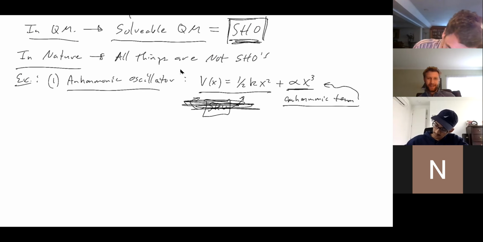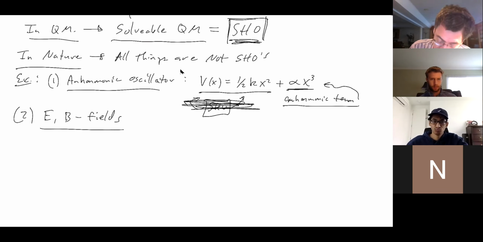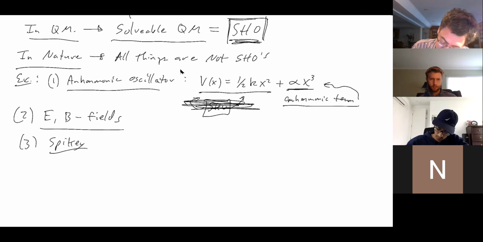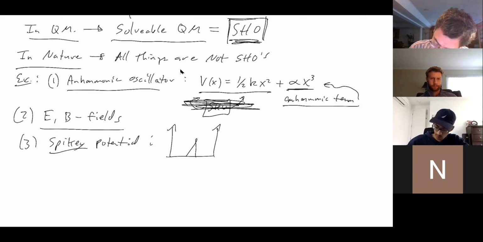And there are other things, for example, electric and magnetic fields that are strangely configured and are not harmonic oscillators. You could have weird spikes. You could have spiky potentials. An example of a spiky potential would be, suppose I have a particle in a box and I put a delta function in it.